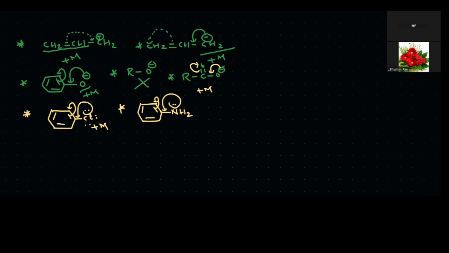Next. C double bond O CH3. So now in this group, the system donates the electrons to this C double bond O group. This group alone acts as a minus M group. So mesomeric effect is present. The next another one.